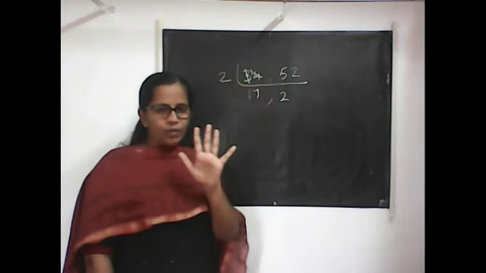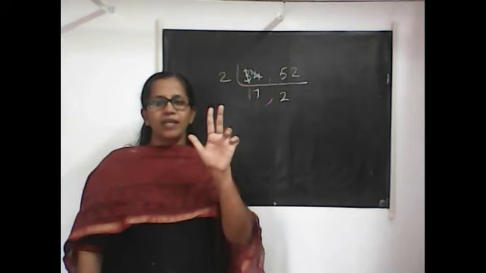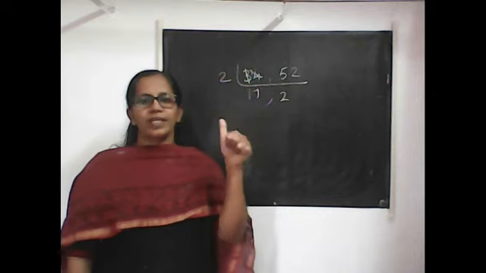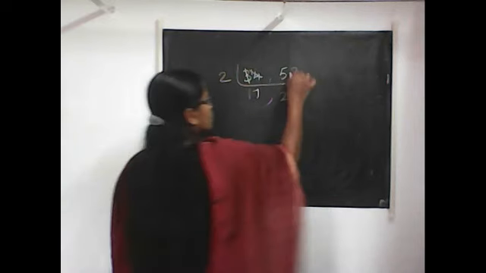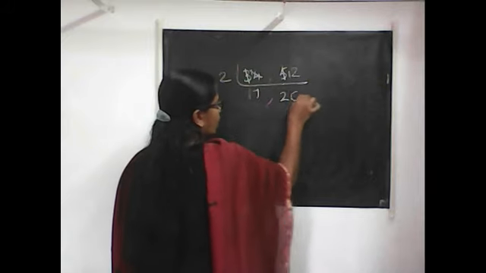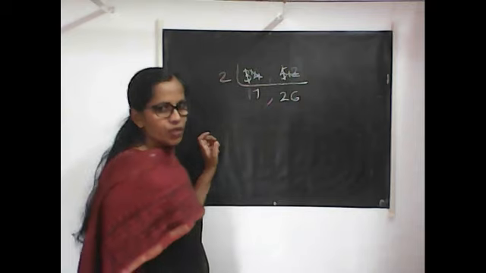We have 5 toffees. From that I have taken 2, so 3 is the balance. Again I took 2, so 4 is over, 1 is left with me. That balance also you can write in between. Cut off this. Now it is 12. We know that it is 6 times. So I divided it and I got these as quotients.